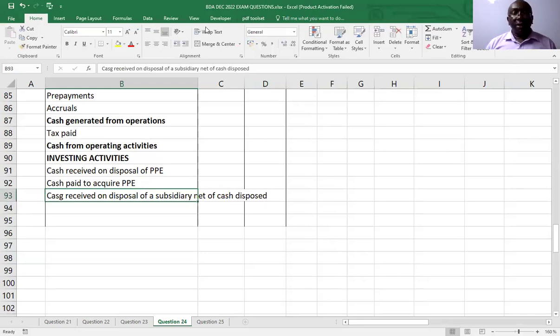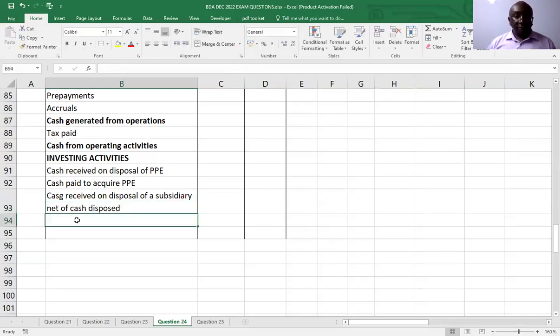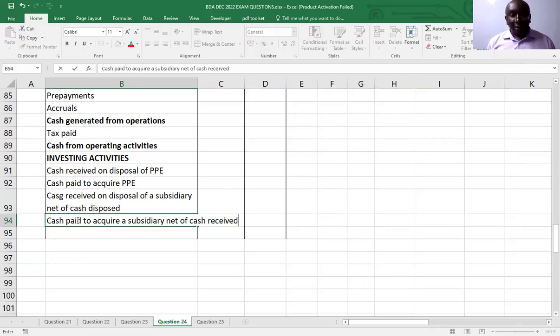This one I'll just make it wrap instead of expanding. Then cash paid to acquire a subsidiary, net of cash received. So even this one I can wrap.